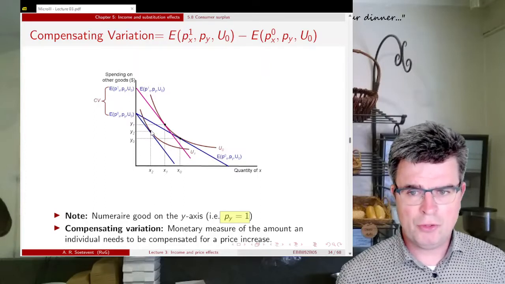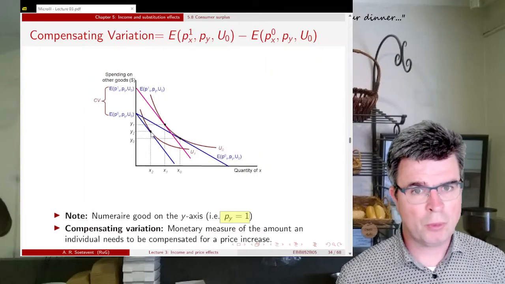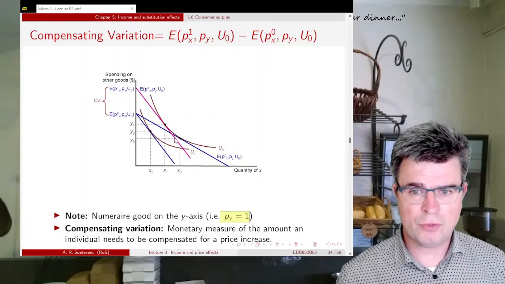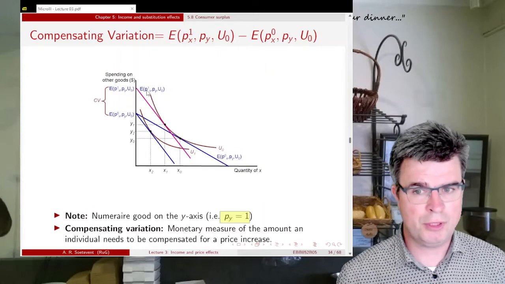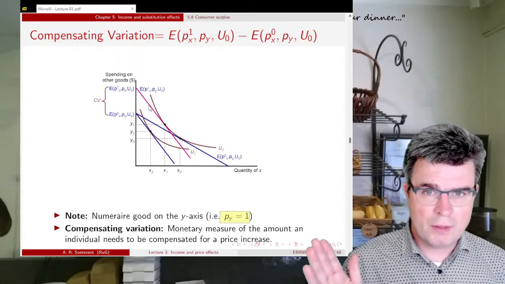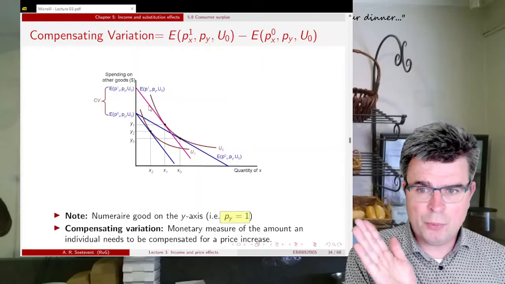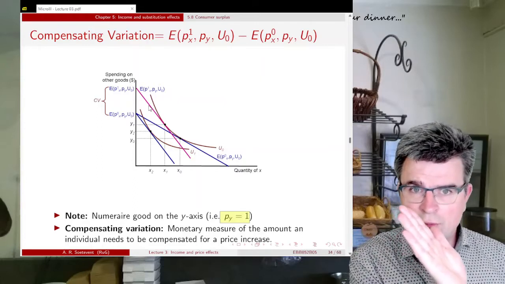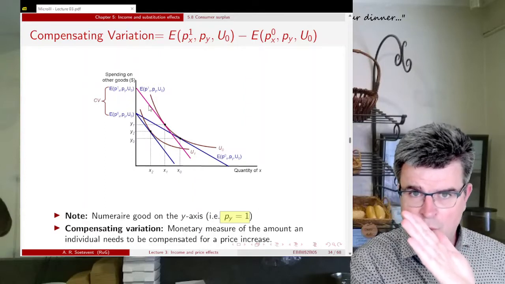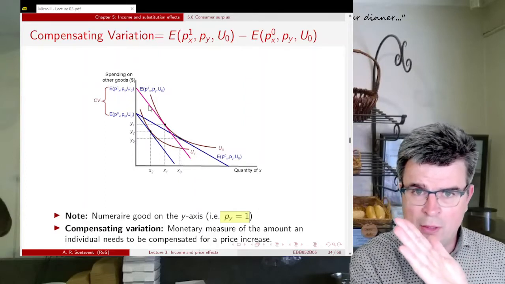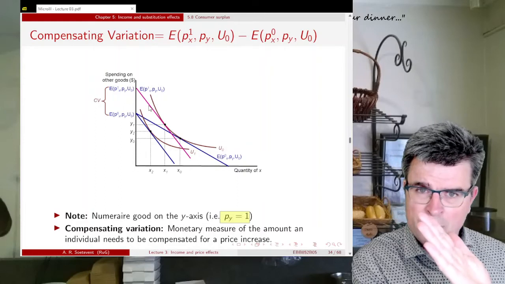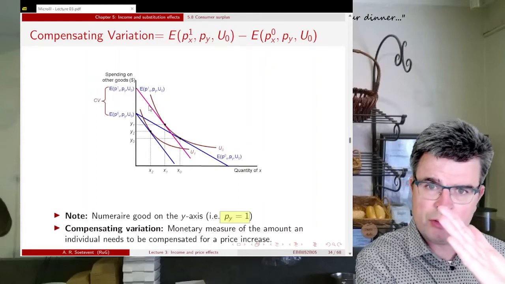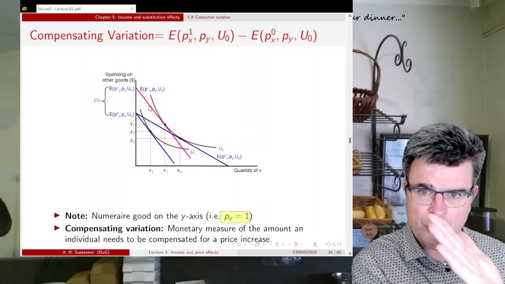So how much should we compensate the consumer in order for him or her to reach the old indifference curve U0? Now, that is asking how much do we have to shift the budget constraint outward with the new price ratio, the new slope, up till the point that it just touches on the old indifference curve U0.